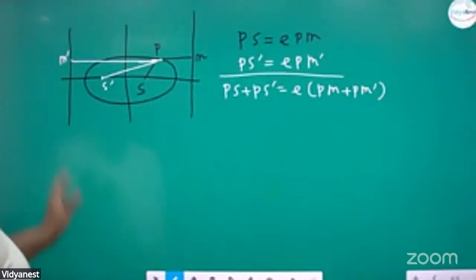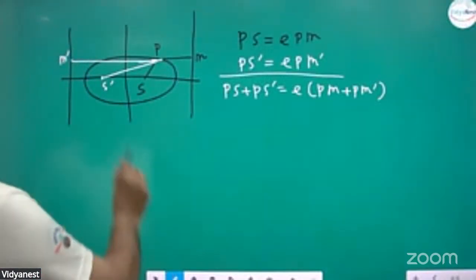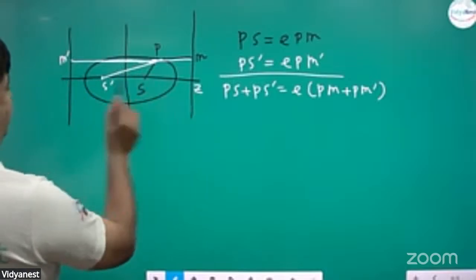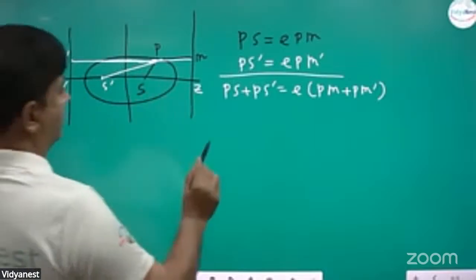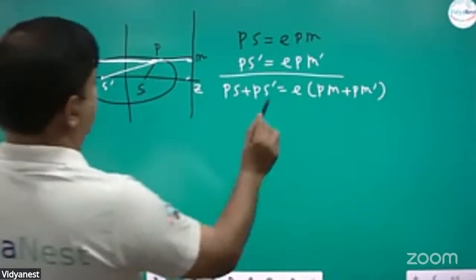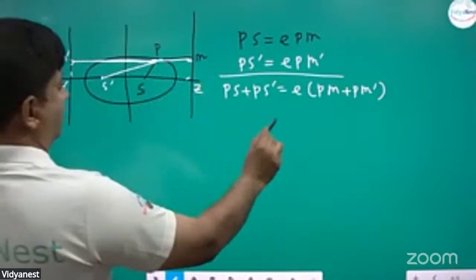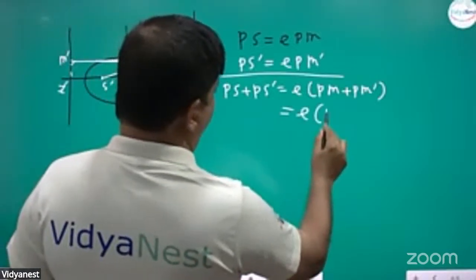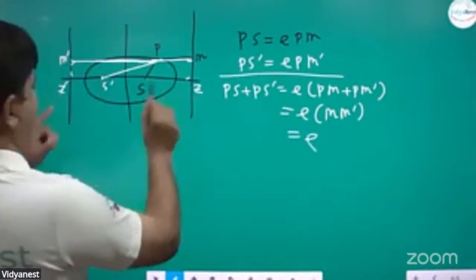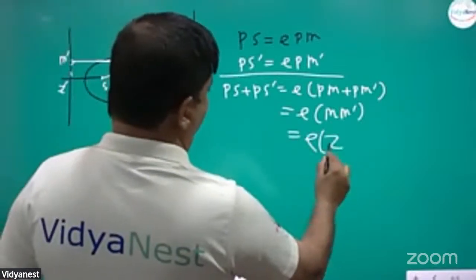Now, how does it help? PM plus PM dash is the same as ZZ dash, because of the 90 degree angles, a rectangle. So PM plus PM dash gives MM dash, and MM dash is nothing but ZZ dash.